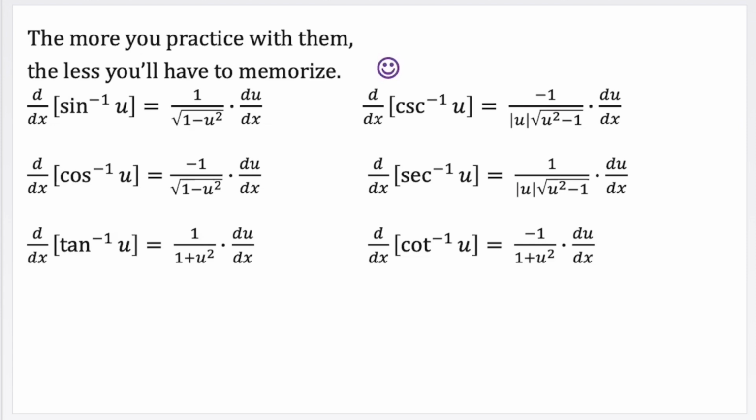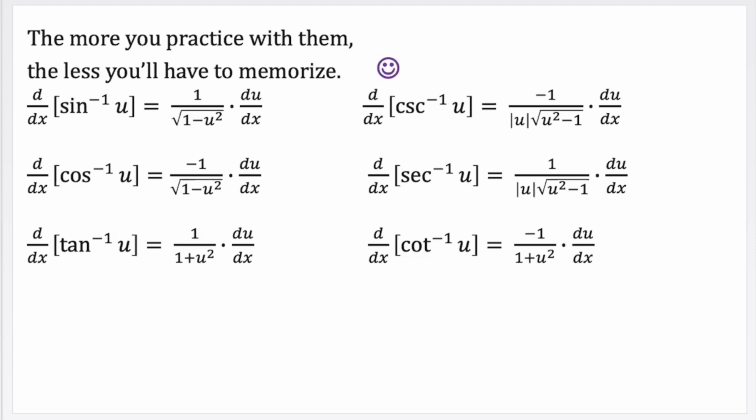So a couple of things to help. A lot of them are very similar. When you're looking at sine and cosine, they are the same, it's just cosine is negative. If you look at all the co- functions listed here, they're all negative.